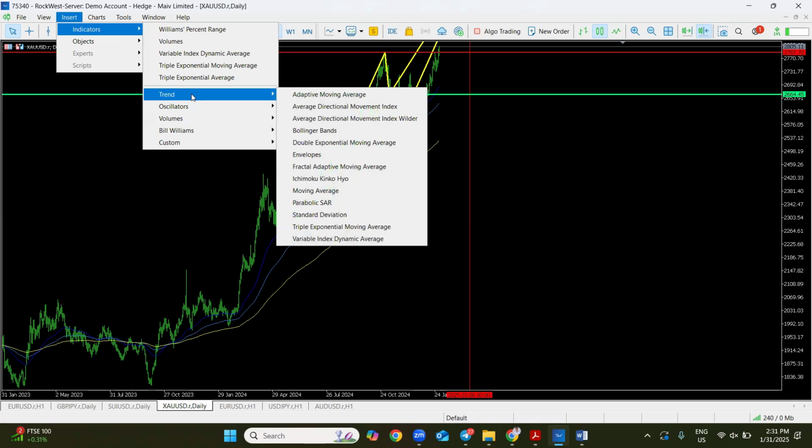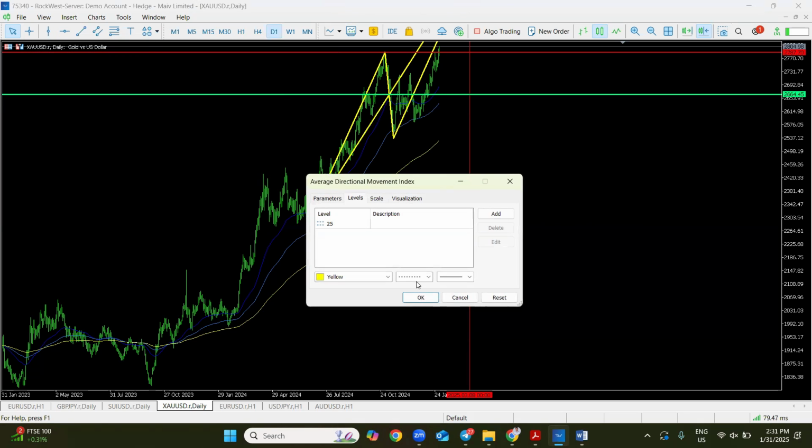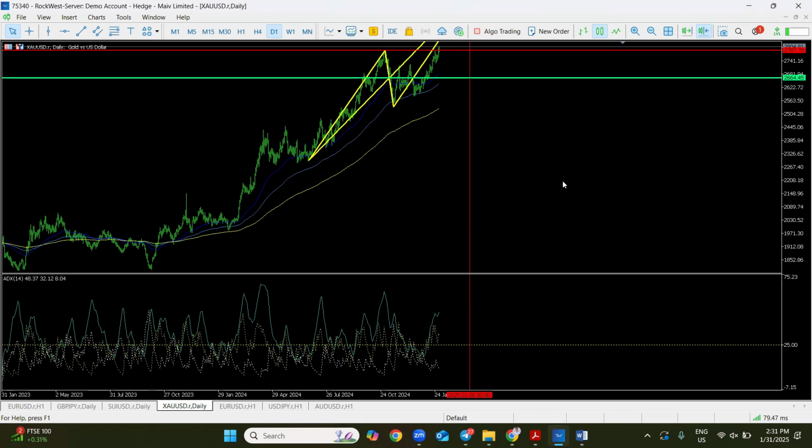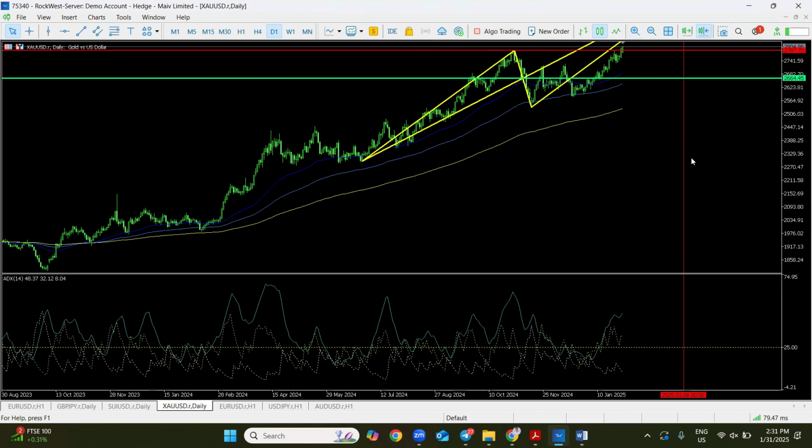It is a trend indicator, so it is within the category of trend indicators. With that, you can see that that's what it stands for, ADX, Average Directional Movement Index. So here, click on that, and voila, we have this indicator right here.